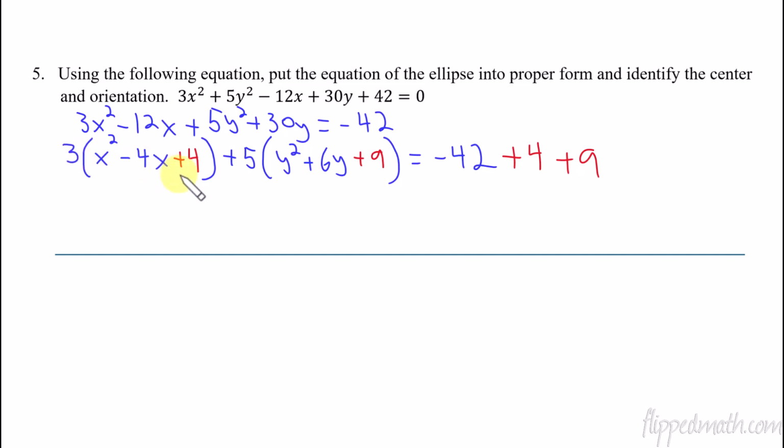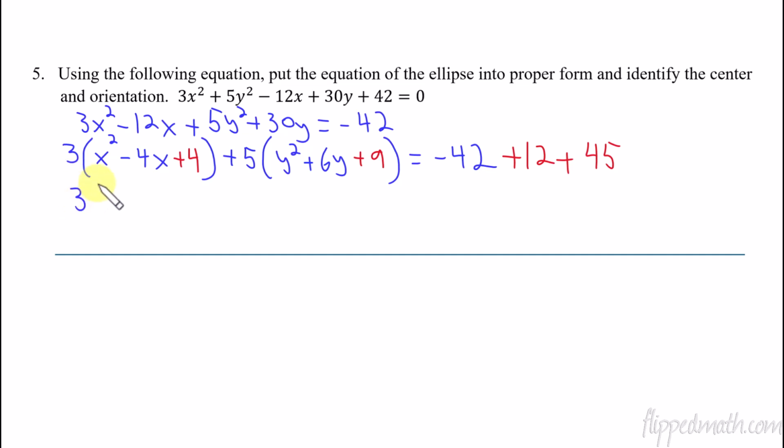So instead of a 4 that we added on the left, we actually added a 4 times 3. And 4 times 3 is 12. Adding 12 would balance this 4. And this is not a 9, this is a 9 times 5. So 9 times 5 is 45, and that would then balance it. Okay, so hopefully you could follow what I was doing there.